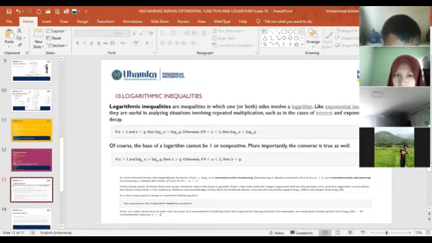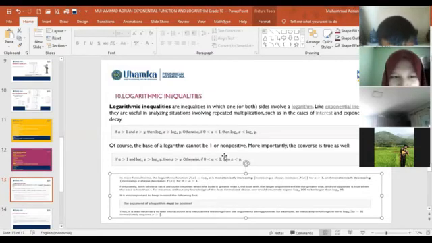If a is bigger than 1 and log a x is bigger than log a y, then x is bigger than y. Otherwise, if 0 is smaller than a, which is smaller than 1, then x is smaller than y.